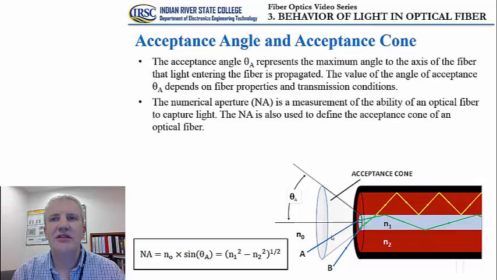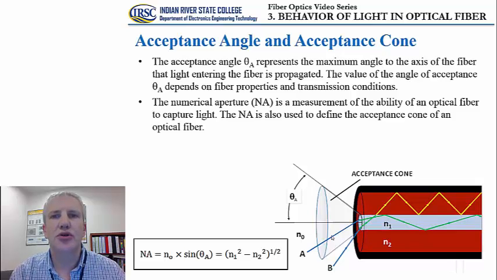The light ray incident on the fiber core must be within this so-called acceptance cone that's also defined by the angle theta subscript A, and that angle is called the acceptance angle. A very similar concept is the concept of so-called numerical aperture. Numerical aperture is a measurement of the ability of an optical fiber to capture light.